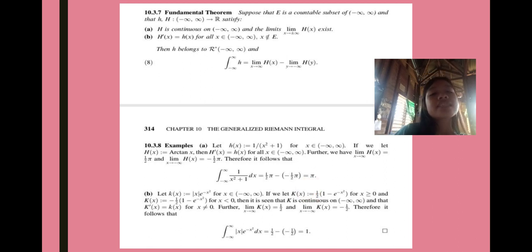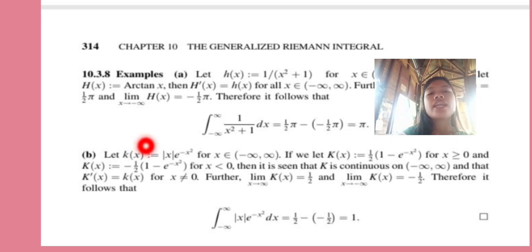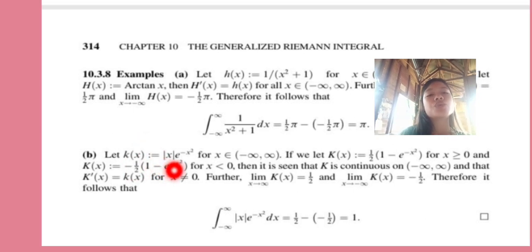Let k of x equal x absolute of x e to the power of negative x squared, for x belonging to the interval negative infinity and positive infinity.